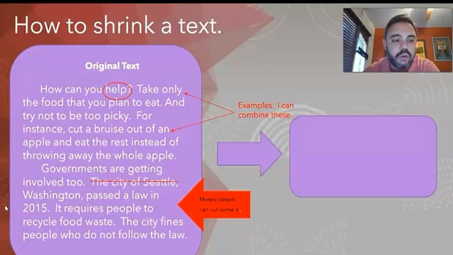So I don't need to mention Seattle. I can cut that. I don't have to talk about Washington. I might maybe pass a law. I might include that. I don't need to know the year, especially because 5 years ago is kind of a long time. 6 years ago, almost. Right? I do want to keep what the law requires us, or the citizens, to do.